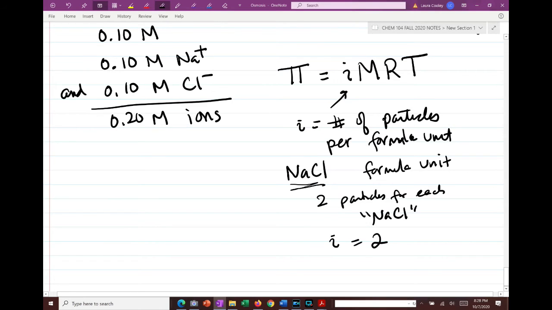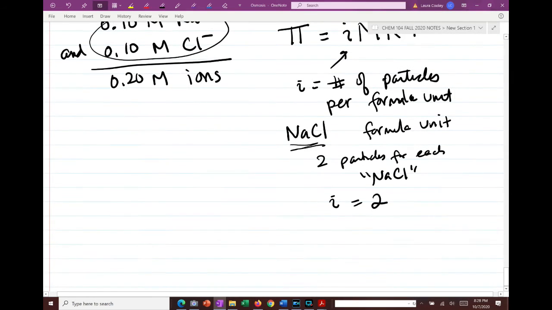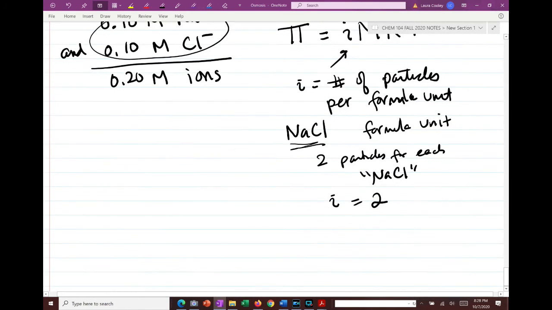So you kind of have to double the molarity of the sodium chloride that you start with, right? You have to say, okay, well, it's really 0.1 molar sodium and 0.1 molar chloride. And we take care of it by using that i.